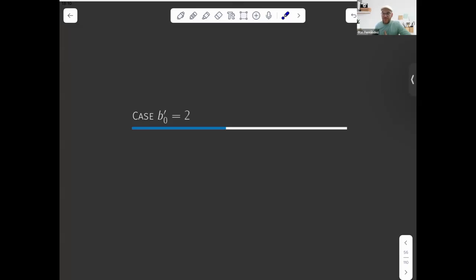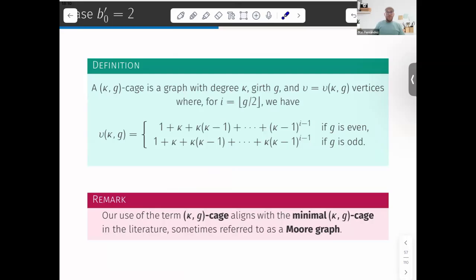So let's quickly consider the case when it is 2. In this case, I need to recall the definition of a (kappa, g)-cage. This is what we mean by a graph which has degree kappa, girth g, the length of the minimum cycle, and a minimal number of vertices which depends on kappa and g, which is given as follows.